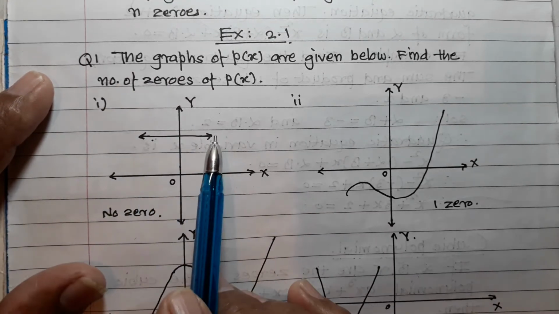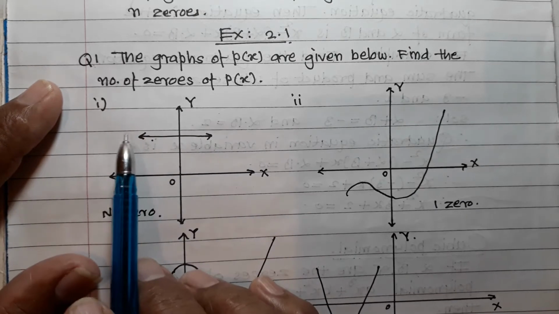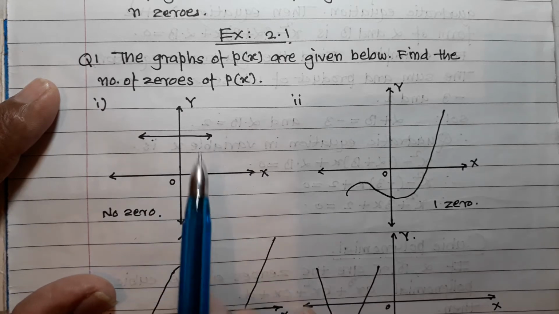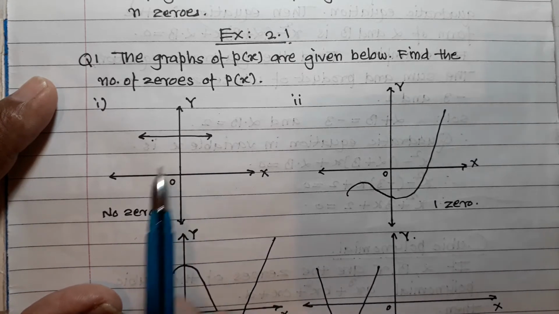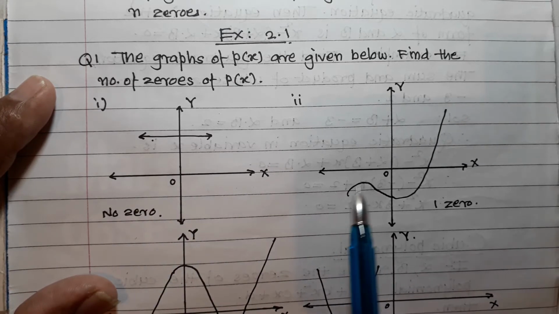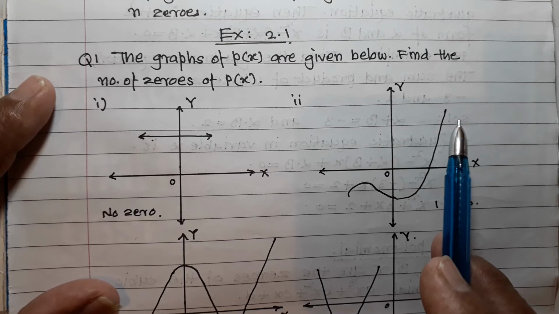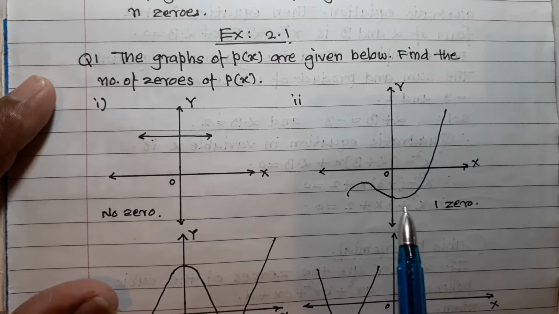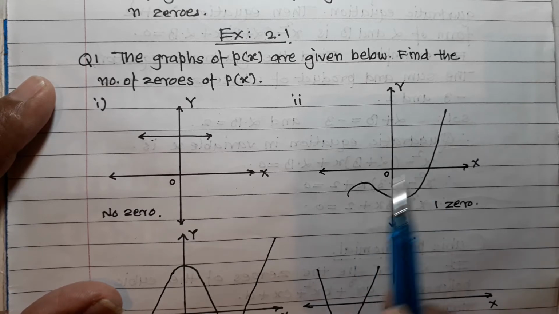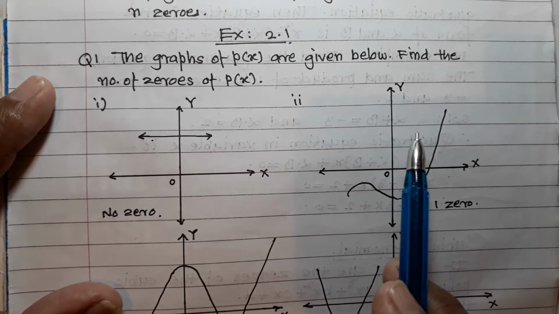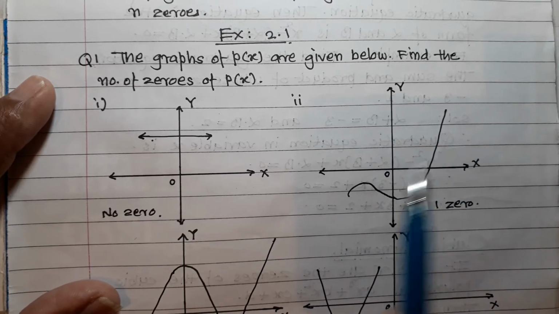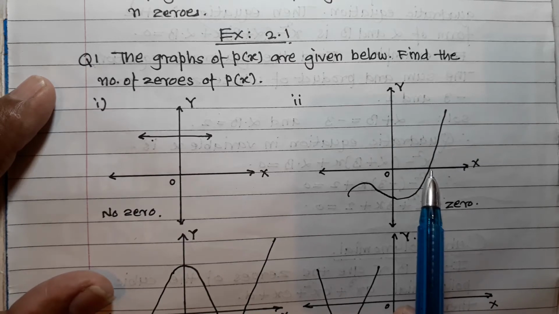Here this is a graph of a line which intersects the y-axis but not the x-axis, and in this case there is no zero. Okay, then in this case a curve is given. This curve intersects the x-axis once, and therefore the number of zeros is equal to 1. So for this graph there is only 1 zero.